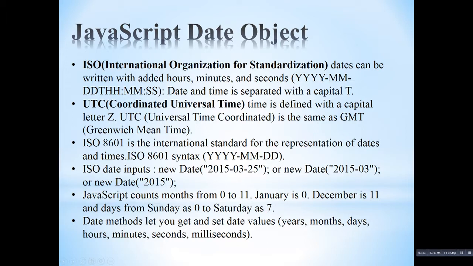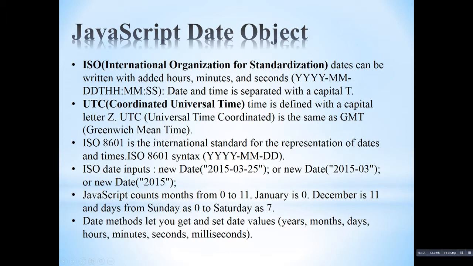ISO date inputs you can give like this: new Date, then year, month, then date, and it will create a date object in ISO date format. And also you can give it like this.